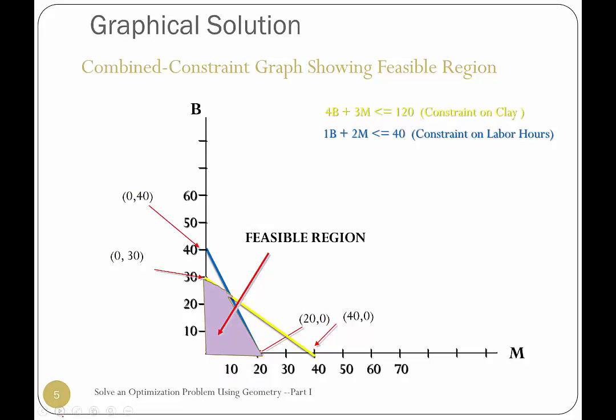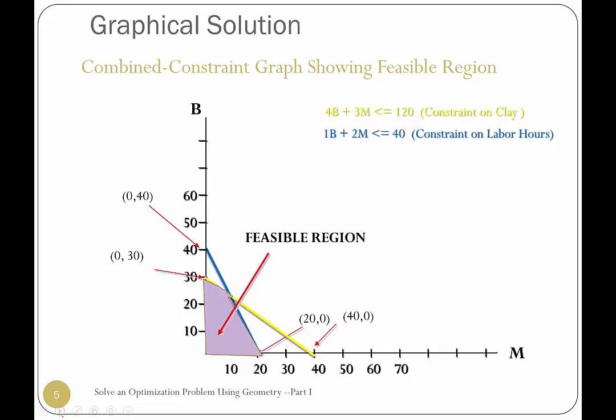In other words, this shaded region has points that are feasible to both constraints, hence it is called the feasible region. The next step is to identify the optimal solution, that is the combination of mugs and bowls that provides the highest profit.